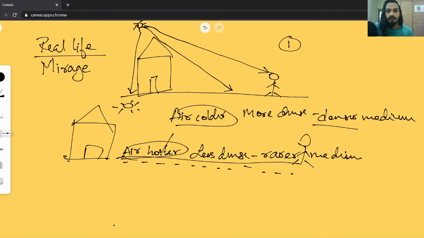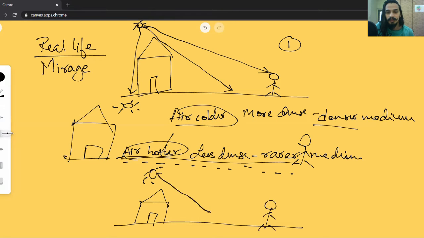The second case would be more like this, wherein the sun is shining, and because of this density difference, the light that travels all the way to the road is going to get reflected. Total internal reflection.